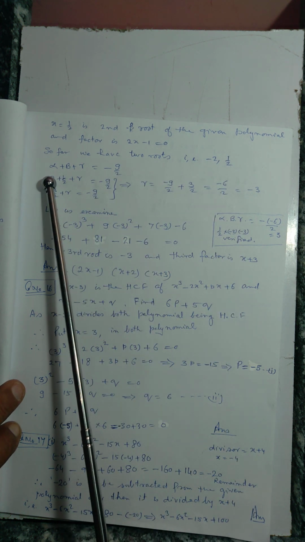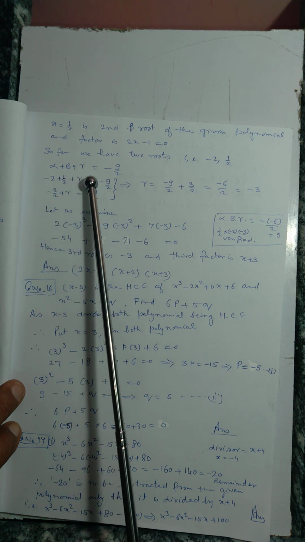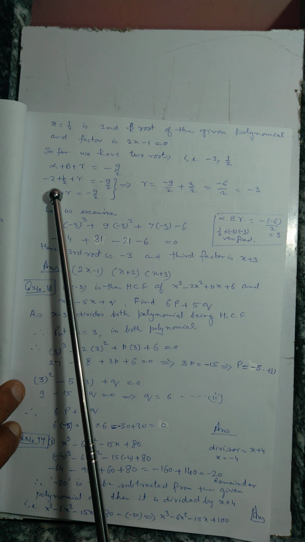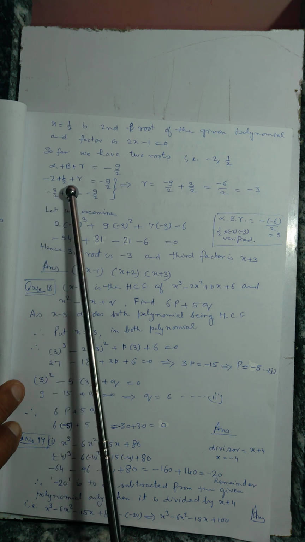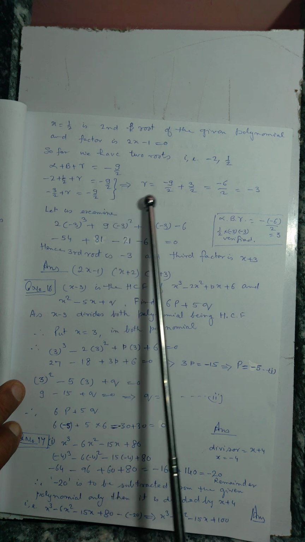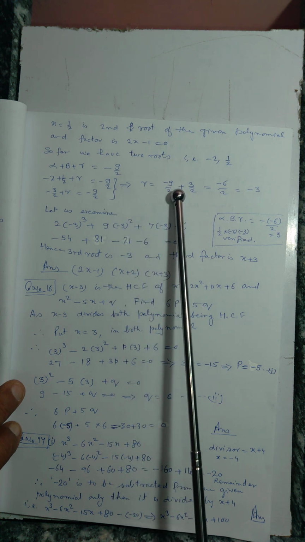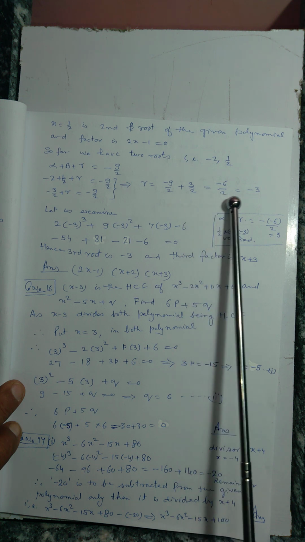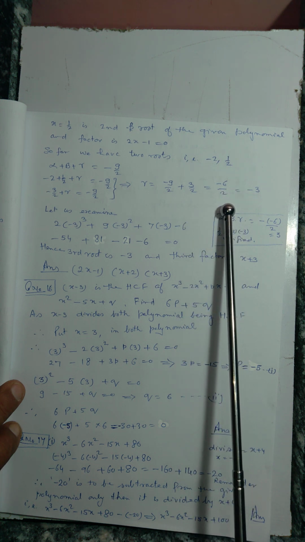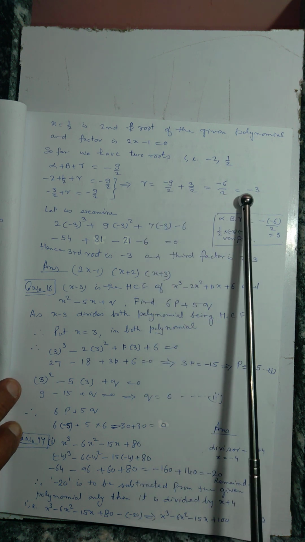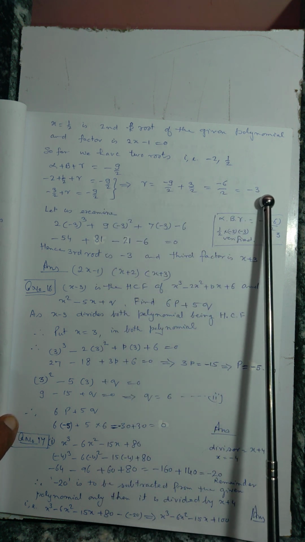You see, you can just substitute alpha plus beta plus gamma, that is minus 9 by 2. So put here minus 2 plus 1 by 2 plus gamma, that is minus 9 by 2. So gamma will be equal to minus 9 by 2 plus 3 by 2. And again you will solve it, you will get minus 6 by 2, that is minus 3. So the value of gamma will be equal to minus 3.